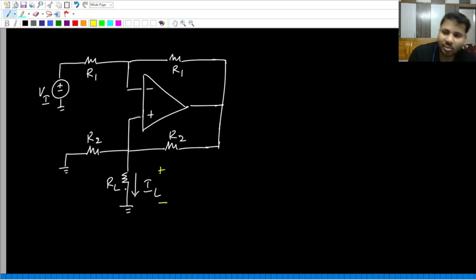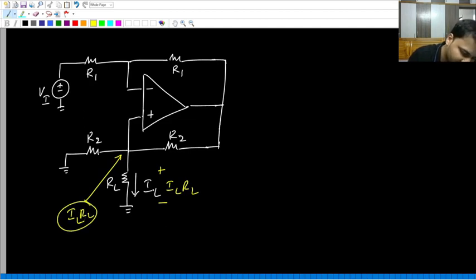This is the drop across the load resistance RL, through which the current is IL. So it is IL into RL. The voltage at the plus input terminal is IL RL. Then from virtual short, the voltage at the minus input terminal will also be IL RL.